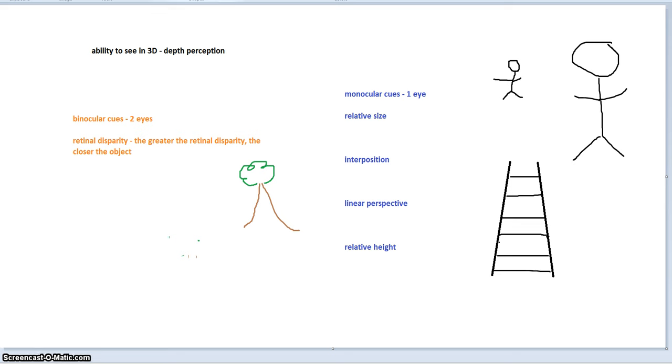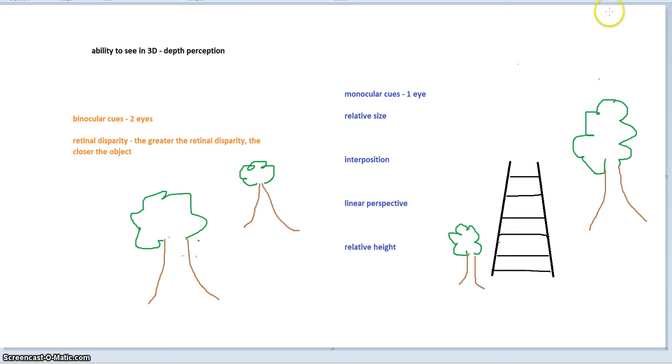So if I make him a huge tree, and remember I am a psychologist, not your art instructor, chances are this one appears close, this one appears far away. If you switch this, if you confuse relative height and relative size, it's really going to screw with you. I will show you what that looks like.